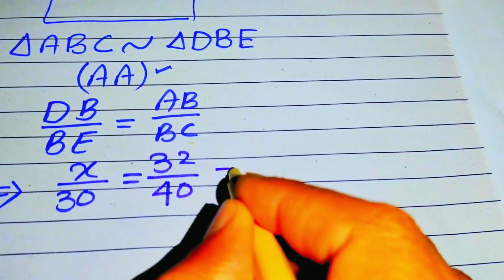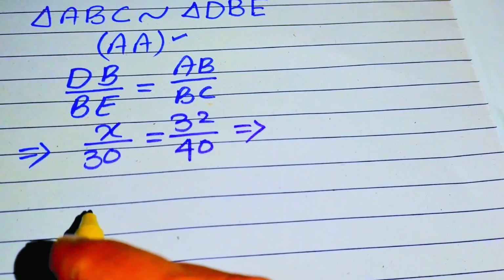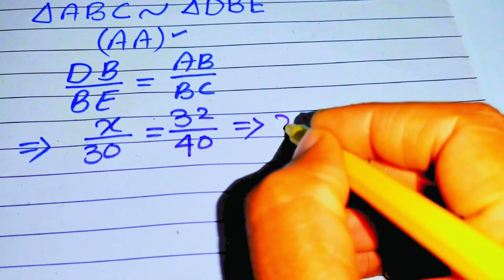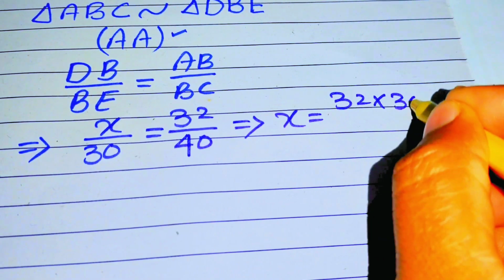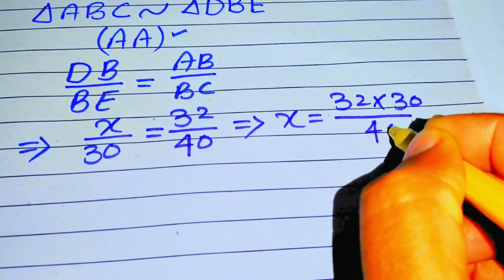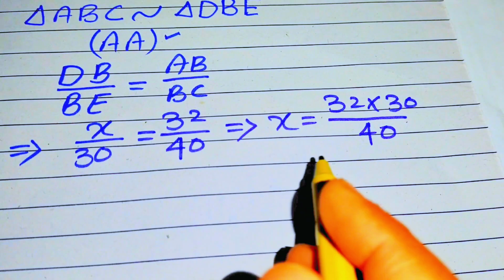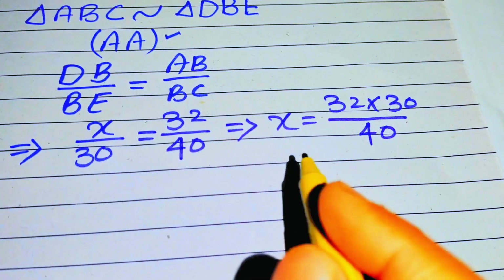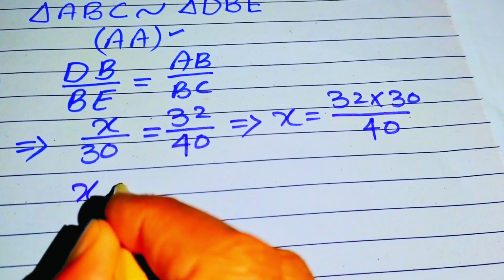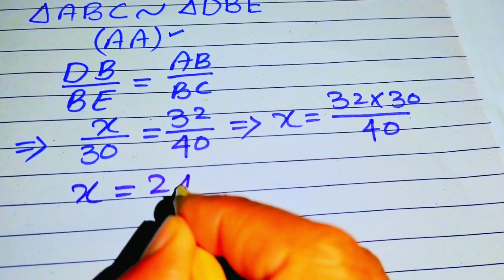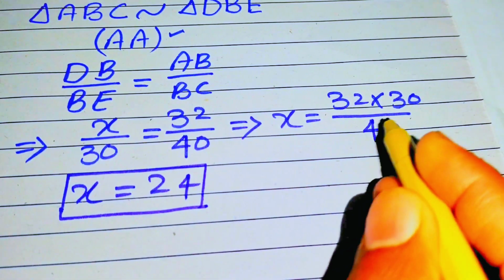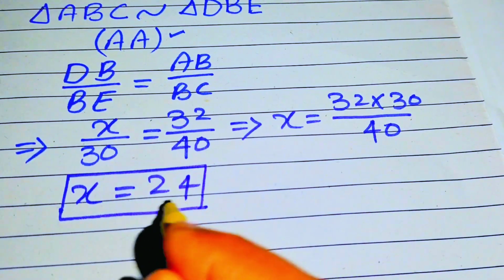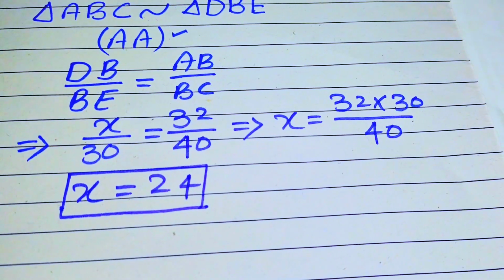We simplify the terms and move the 30 to the right-hand side, and we get x equals 32 multiplied by 30 divided by 40. By cancellation of these terms, you easily get x equals 24.